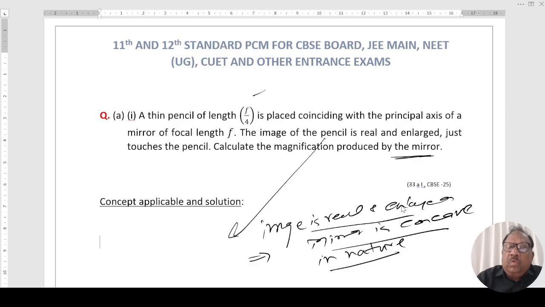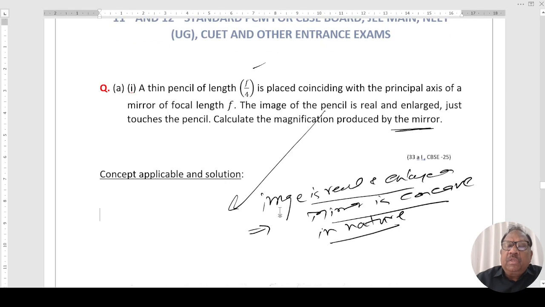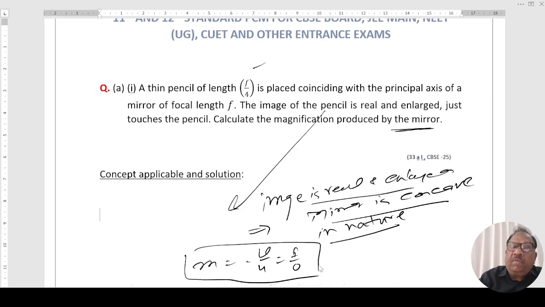And you know, magnification is given by v upon u, equal to I upon O, size of image over size of object. That is the magnification. The concept here is to use this formula.